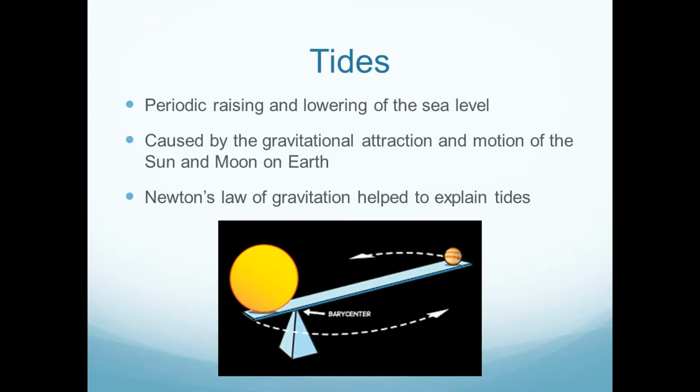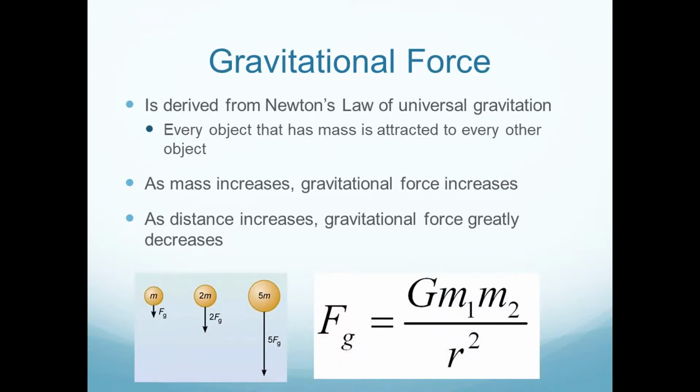So next, let's talk about this gravitational force, because that's essentially what's causing these two objects to rotate around each other. So gravitational force was derived from Newton's law, and it essentially says that every object that has a mass is attracted to every other object. So the Earth is imparting a certain amount of gravitational force on the sun, and likewise the sun is exerting a gravitational force on the Earth.